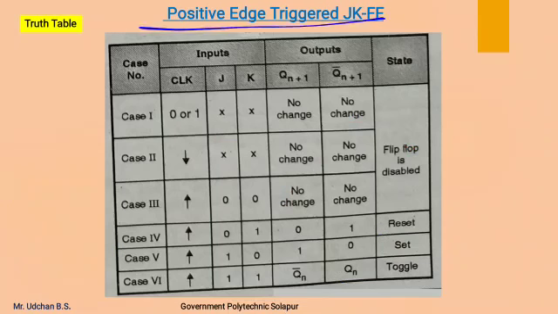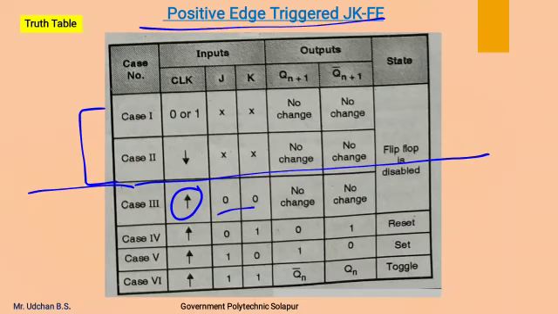Now this is the positive edge trigger truth table of JK flip flop. Here we have considered the first case in which the clock is at its negative level or its positive level, the output will not change. After that we have considered the positive edge of the clock pulse. At that time J and K values are 0, then also the output will not change. For the next positive clock edge, J and K are 0 1, at that time the output goes into the reset state.